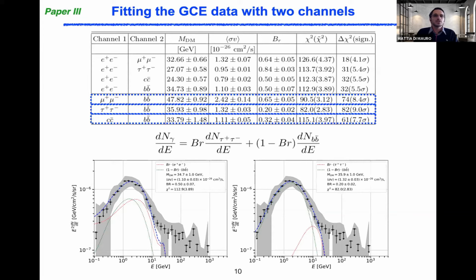The cross-section values remain more or less the same as before, and for mu plus mu minus, the branching ratio is 0.65, so most of the channel goes into mu plus mu minus. For tau plus tau minus with b-bbar it is the opposite: only 20% goes into tau plus tau minus, and b-bbar takes 80%.